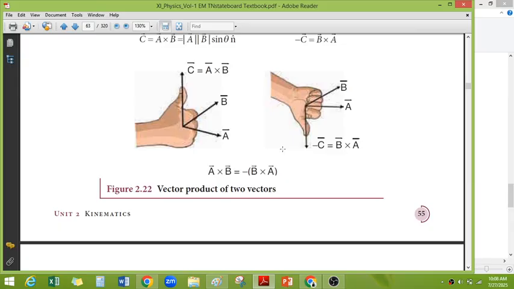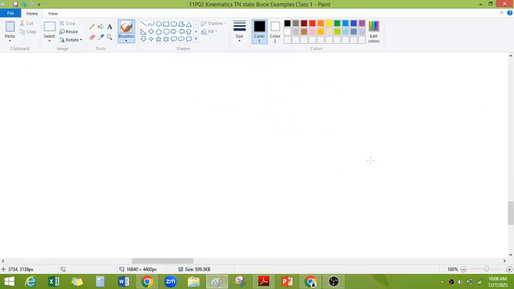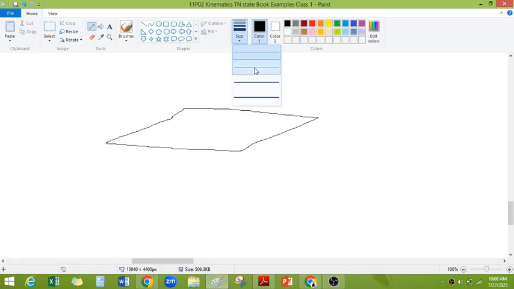So you have to use the right hand thumb rule to find the cross product direction. Suppose I have something like this, or suppose I have a plane like this, and let's say you have vector a here and vector b here.